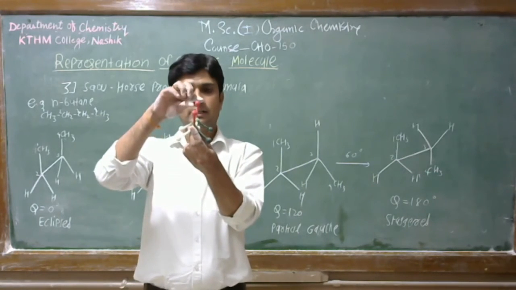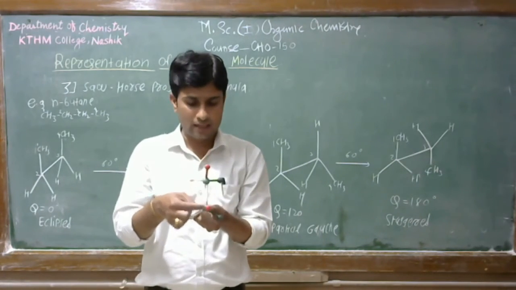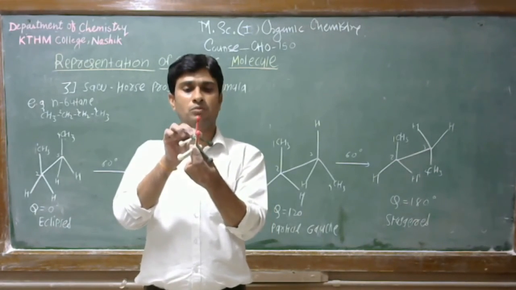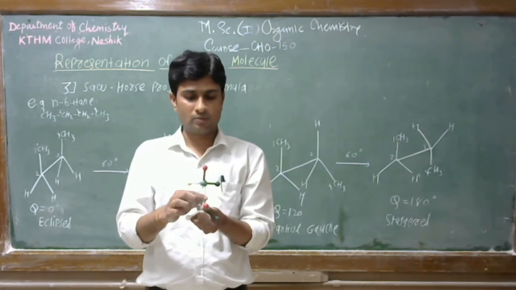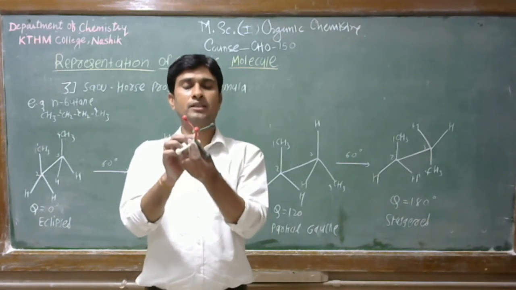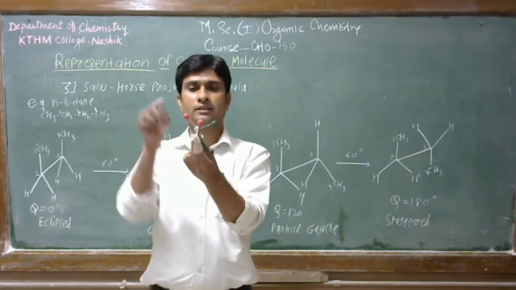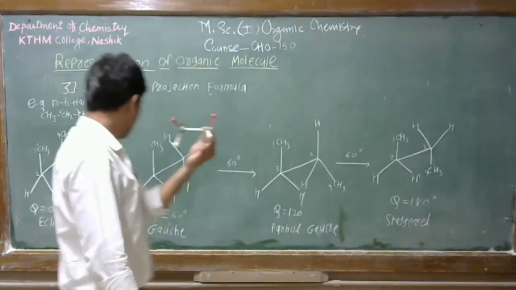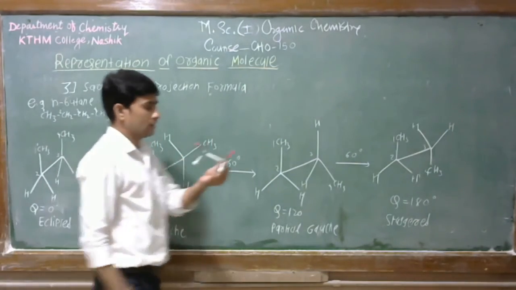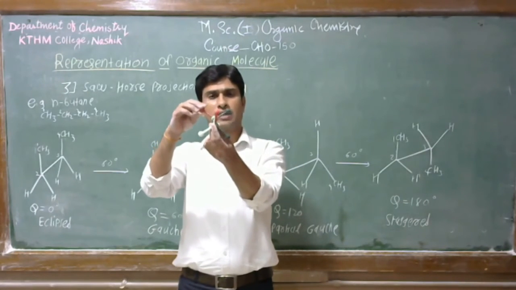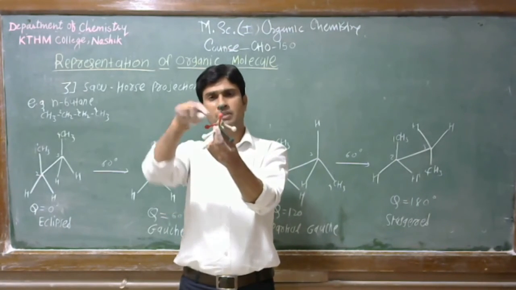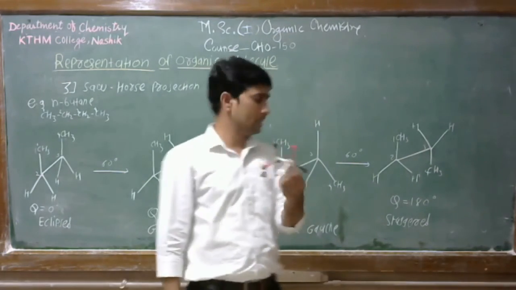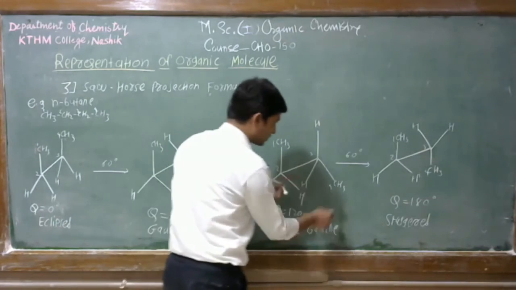When there is a carbon-carbon rotation by 60 degrees, then the dihedral angle between these two methyl groups is 60 degrees, and we got here the gauche structure. Again, when there is rotation of the carbon-carbon single bond by 60 degrees, the dihedral angle between these two CH3 groups will be 120 degrees, and the structure is the partially eclipsed structure.